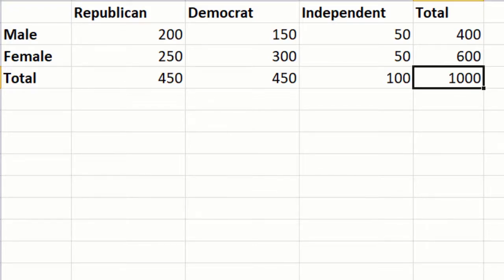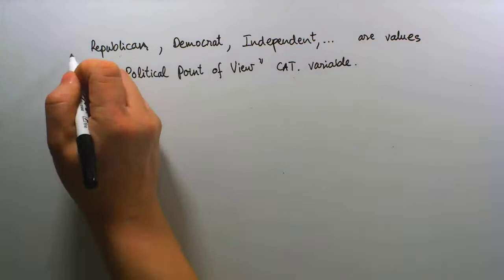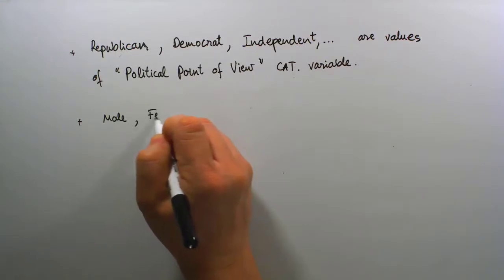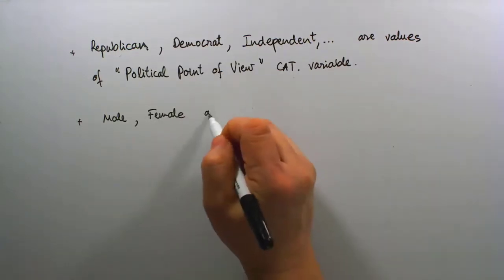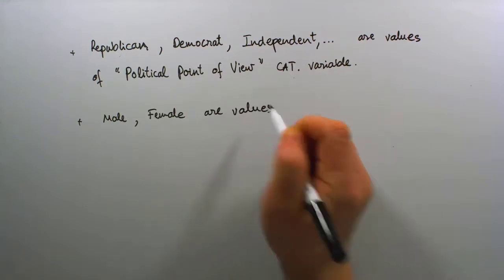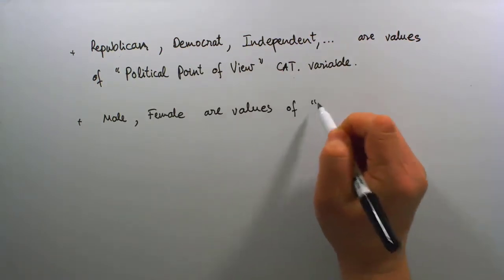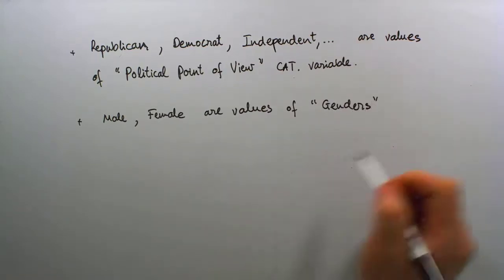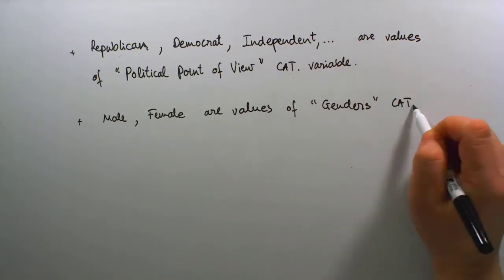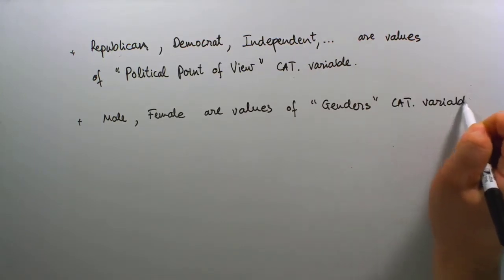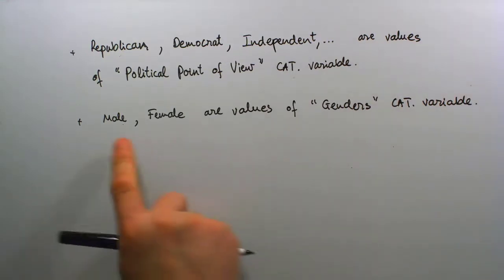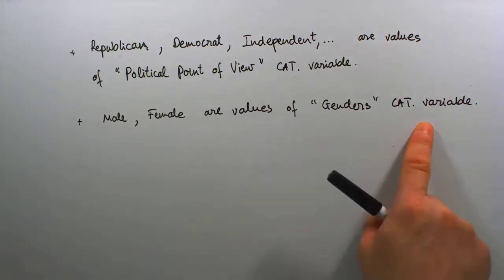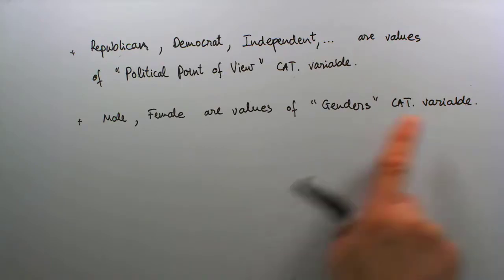So here on my board, I can see that on the rows, being male or female are the values of, we can name this variable over here, how about gender, and it's a categorical variable. Anyone from our sample must fall into one of these values of the gender categorical variable, because any one of us as a human being has a gender.